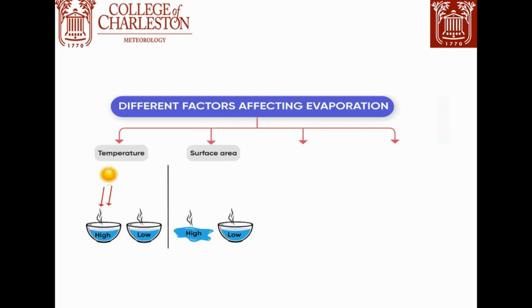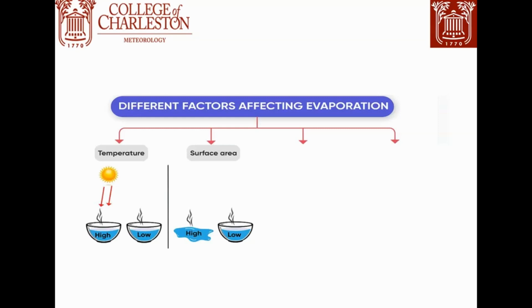And that means more molecules can escape from the liquid phase and go into the air in terms of vapor. So evaporation is greater when you have more of the water exposed to the air. That's why when you dry your clothes and you put clothes on a line, you stretch them out as far as possible because you're trying to make the surface area as large as possible.